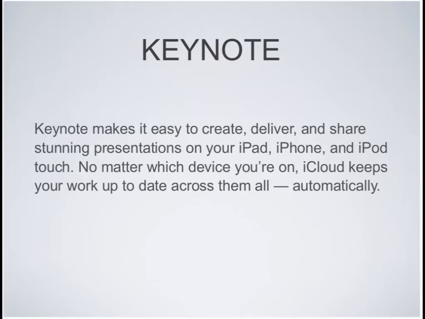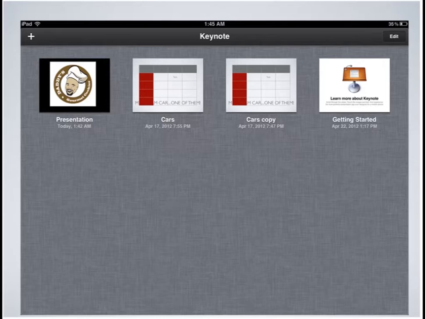Okay, so again, Keynote looks pretty much just like Pages and Numbers. This is our initial screen when we start the application. If you look up in the top left-hand corner of the screen, you'll see the plus sign, which I referred to when we looked at our Pages screenshot.